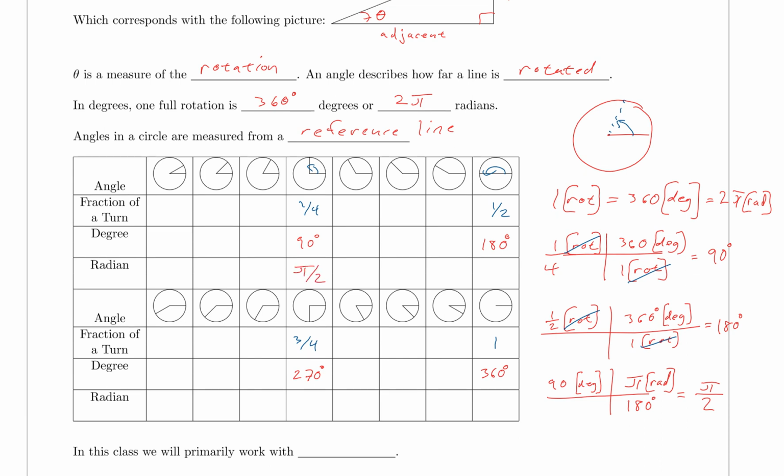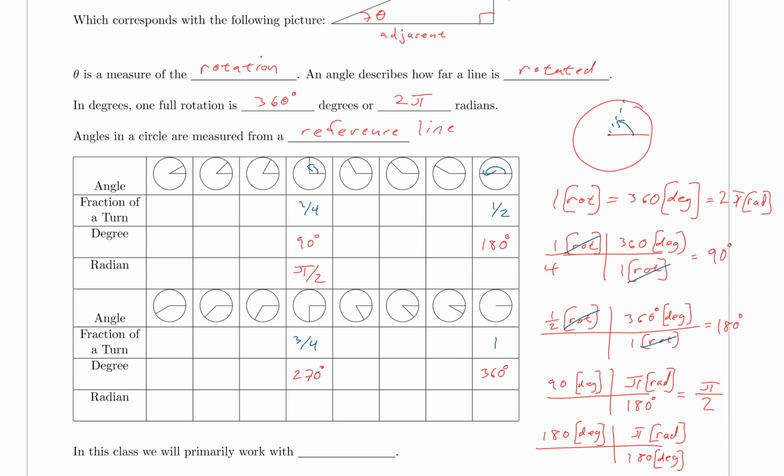Okay. And then likewise for 180 degrees, we have pi radians.